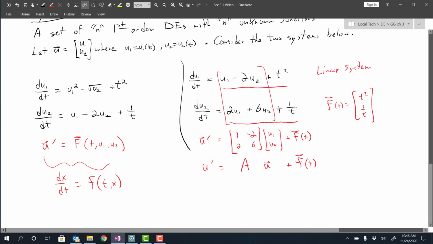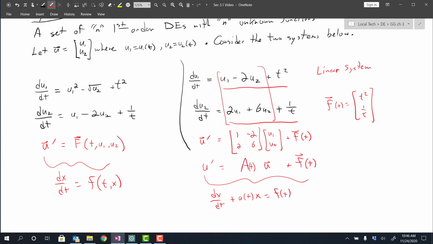And when we look at the linear system, we have this matrix A, but it's not actually required to be all constants like it was in our case. In general, each of those components of the matrix could be functions of t. This expression looks very similar to our first-order linear differential equation. So if we relate our systems to what we already know about first-order differential equations, there are going to be a lot of similarities, and that's what we're going to look at moving forward.